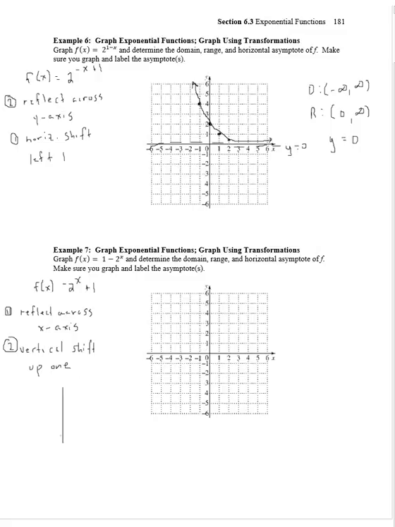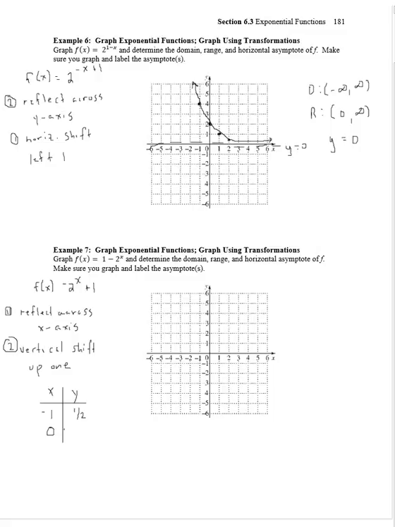So if we do x, y, at -1, we have 1/2, because we would have 2 to the -1, which is 1/2, but then it's negative, so -1/2 plus 1 is 1/2.